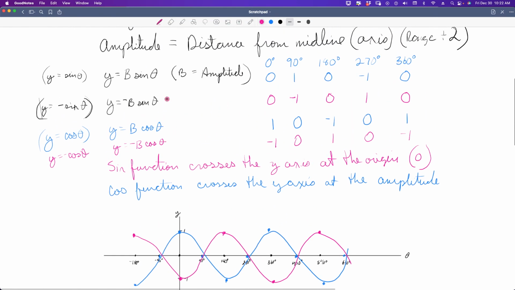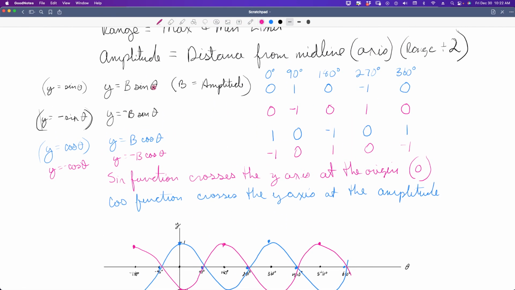All right, and these are your different formulas for that. So when it crosses at the y-axis, you're going to have positive or negative b, whichever one it goes to. Does it go to the positive amplitude? If it goes to the positive amplitude, then it is a positive b. If it goes to the negative amplitude, then it goes to the negative b.